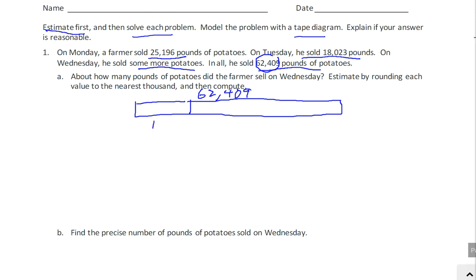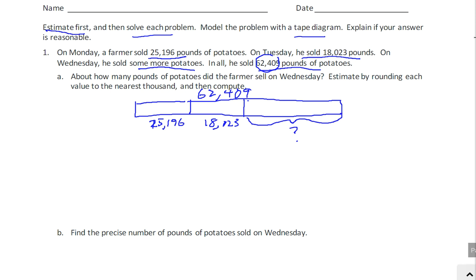On Monday, we know he sold 25,196. And on Tuesday, he sold 18,023. And what we don't know is, what did he sell on Wednesday? So this is the missing piece right here. How much did he sell on Wednesday?